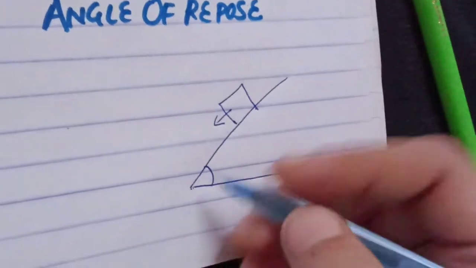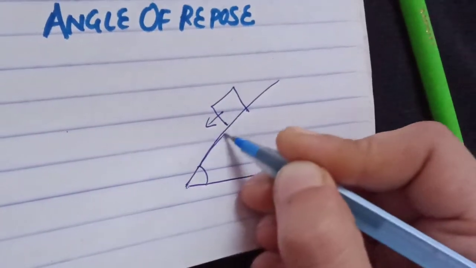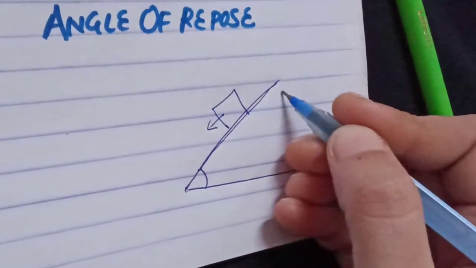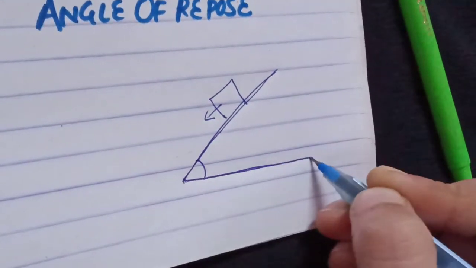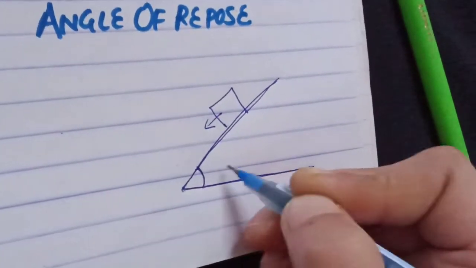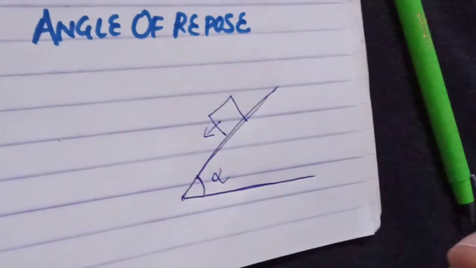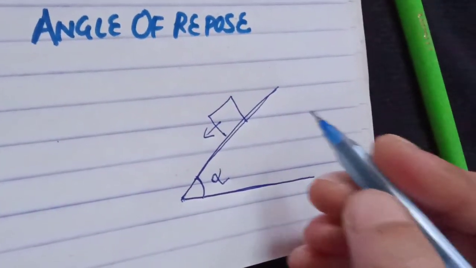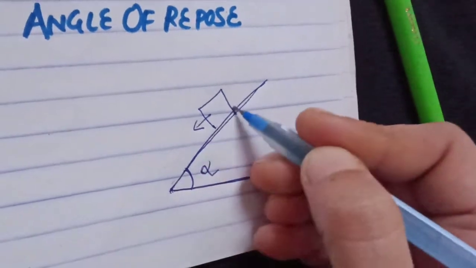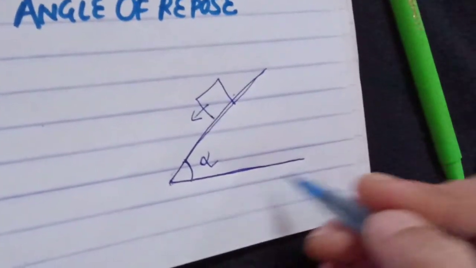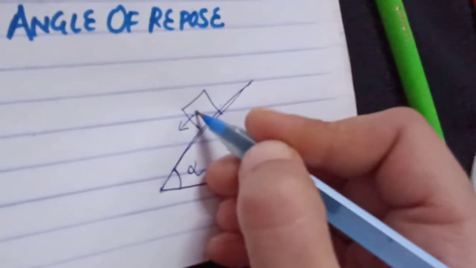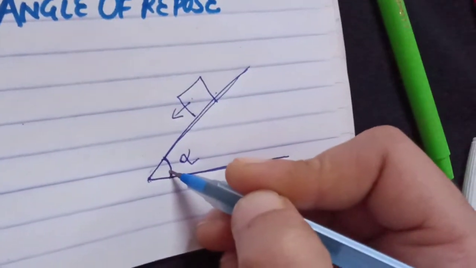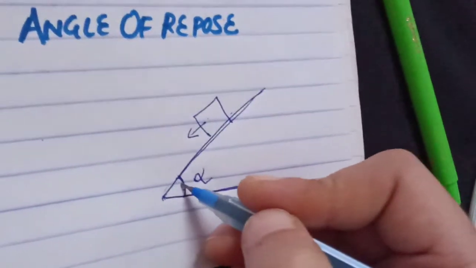Okay, so there is an inclined plane and this is the horizontal and this is the angle alpha. So the angle of the inclined plane with the horizontal such that a body placed on it just begins to move, this is called angle of repose.